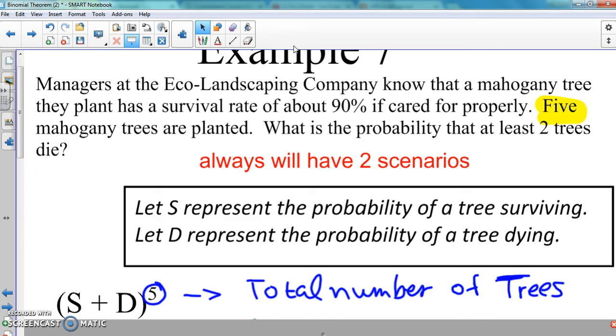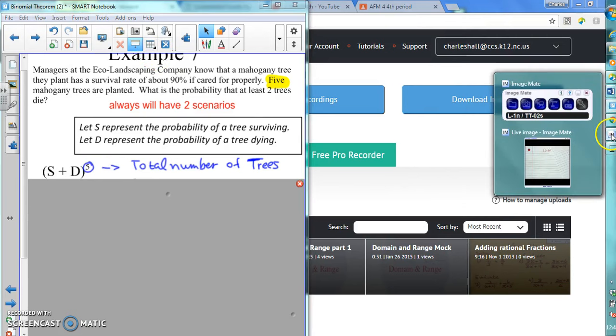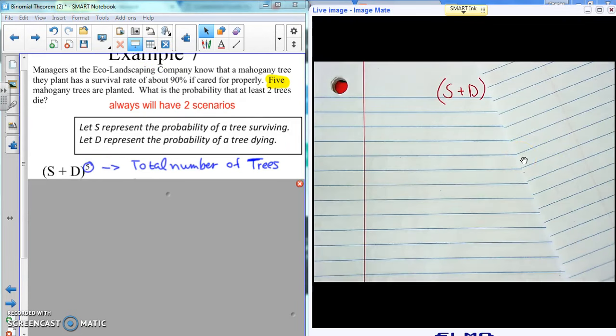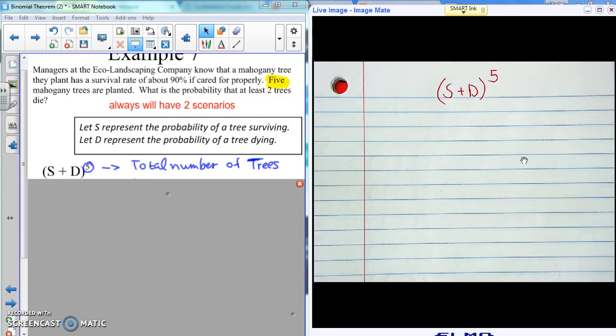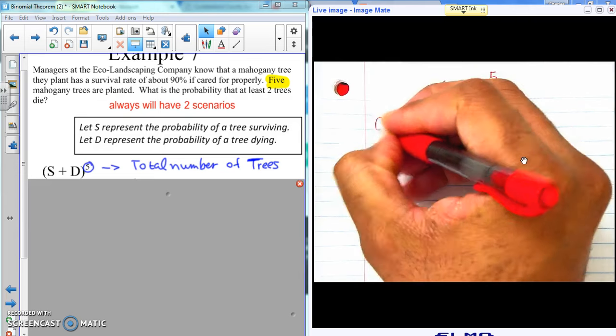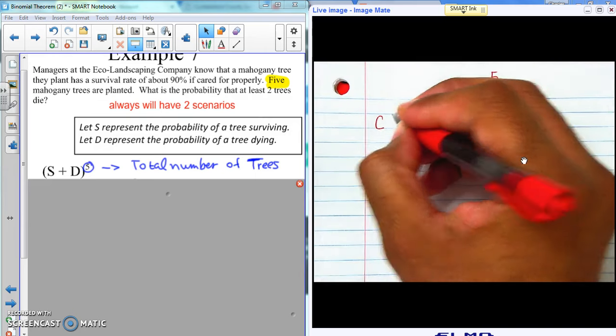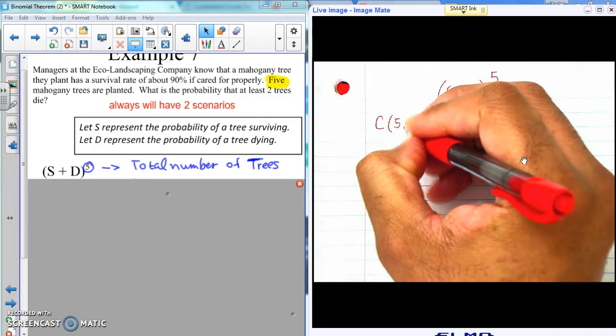And now here again, I'm going to pull this off to the side. And most of it's going to be covered up because I don't want you to see the rest of that there. And so let's go and work it out. And again here, we're talking about this. So we're going to do what we've been dealing with, our combinations and all the good stuff. So 5 is our highest exponent. So that means in our parentheses, we're going to do 5.